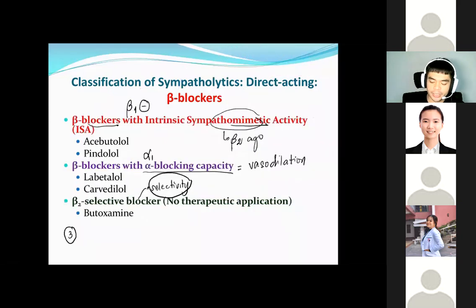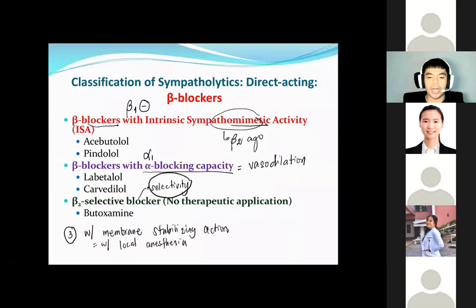So for the third classification, under based on miscellaneous actions, we have beta blockers with membrane stabilizing action. For beta blockers with membrane stabilizing action, these agents possess local anesthetic effect naman. The following are the examples.